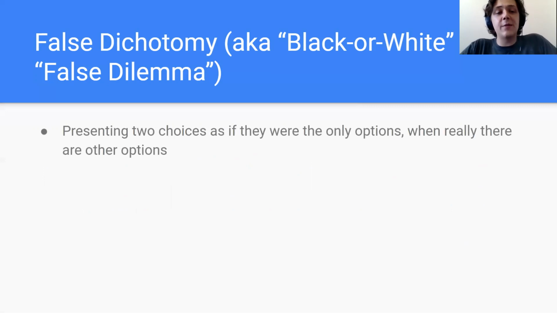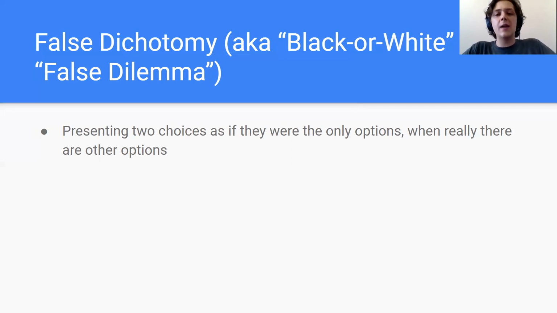Because basically what the false dichotomy, or false dilemma, or black or white fallacy, does is it ignores all sorts of shades of gray, all gray areas, and looks at it in two extreme absolutes when you actually don't have to do that. So the false dichotomy fallacy is presenting two choices as if they were the only options, when really there are other options.